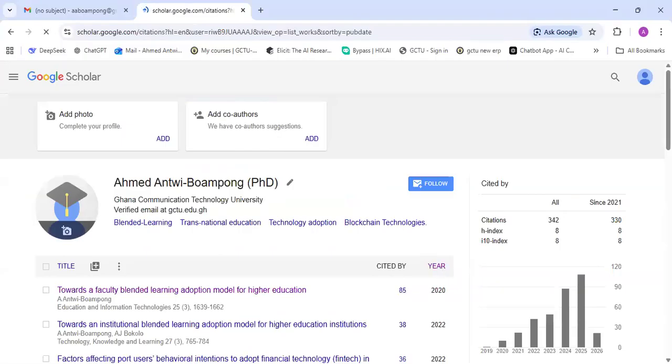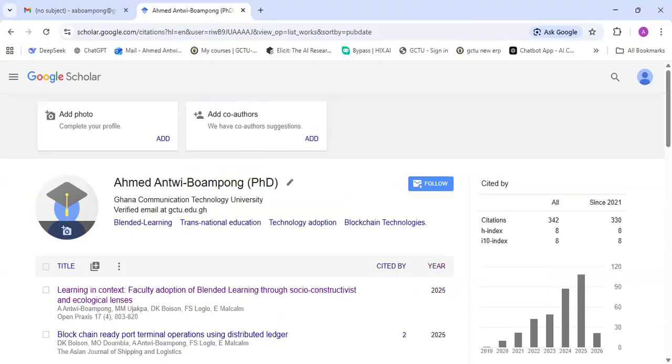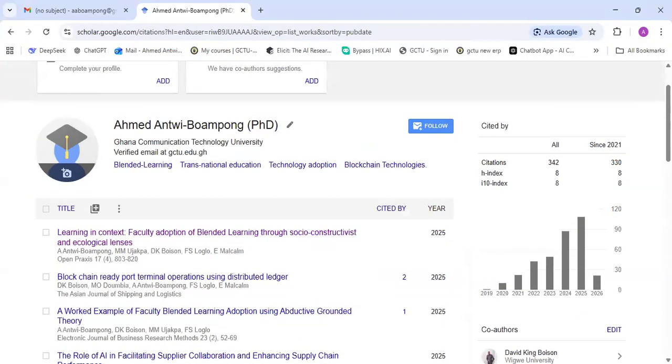As you can see, my research outputs are in blended learning, transnational education, technology adoption, and blockchain technologies. So my most recent research was on learning in context, faculty adoption of blended learning through a socio-constructivist and ecological lens.